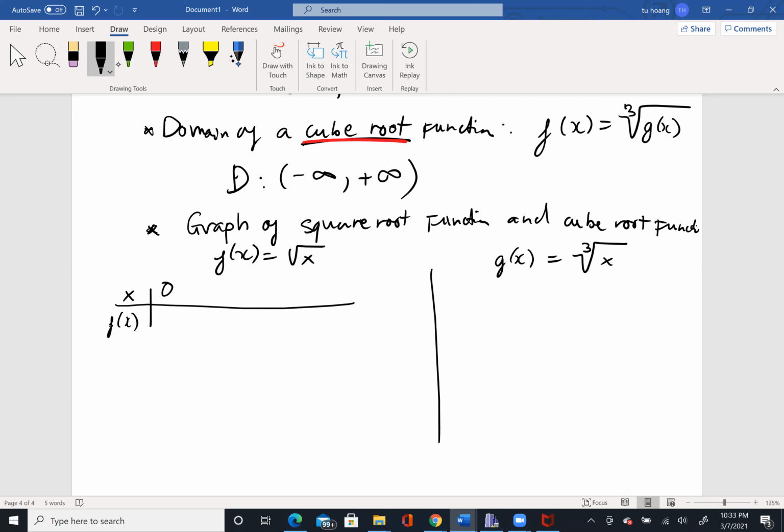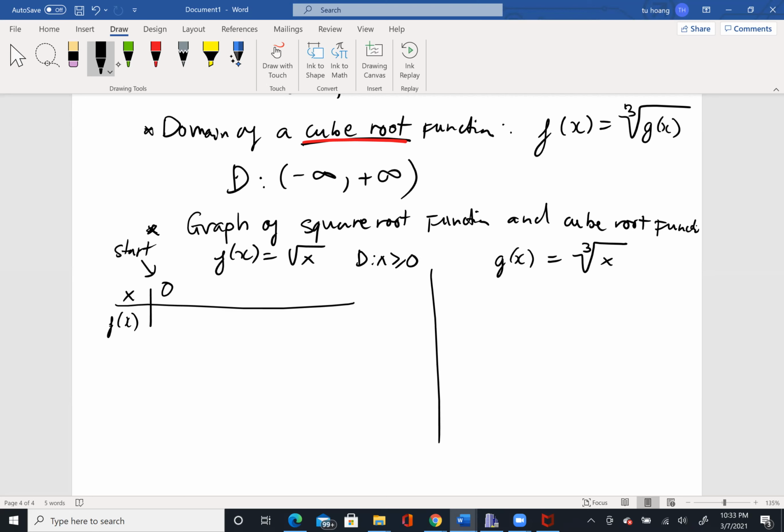You cannot have x negative, right? So you start at x equal to 0 because it is a square root. Or I can say the domain is x greater than or equal to 0.